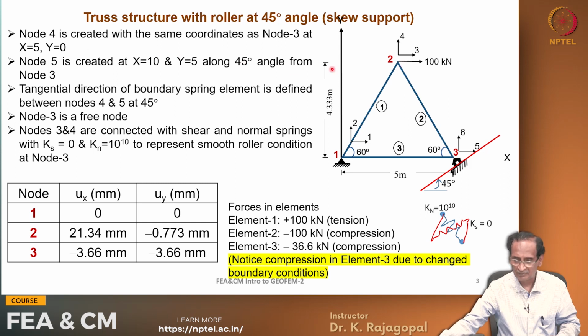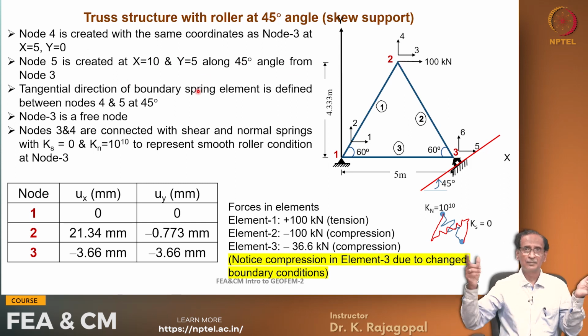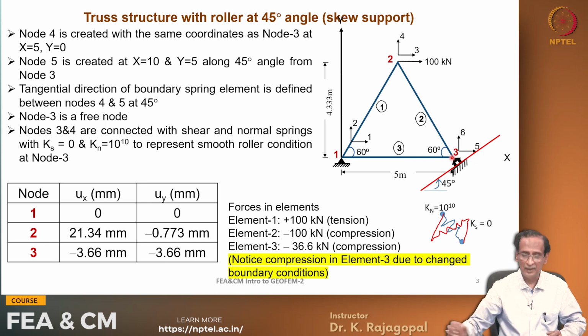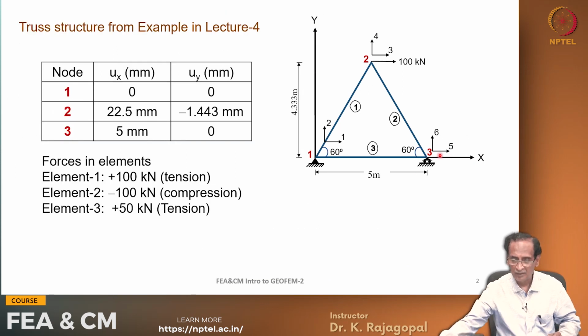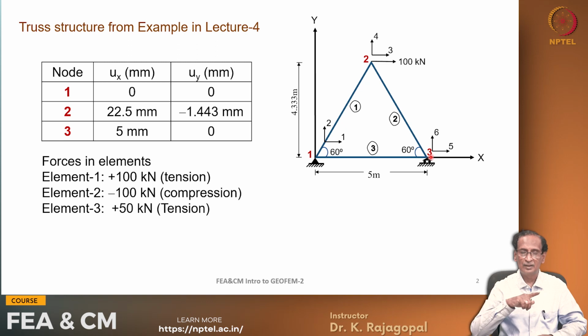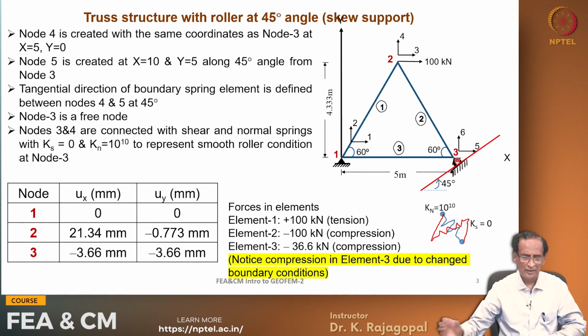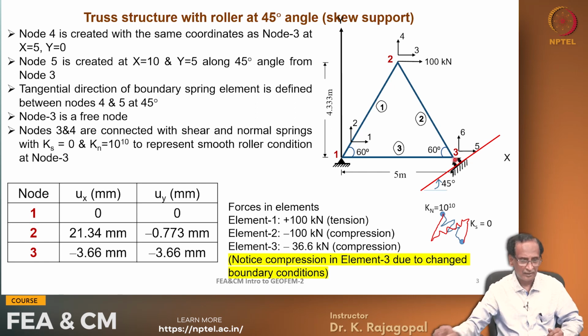additional nodes that are placed apart from each other, and now we make this node 3 a free node. Previously we had node 3 with the free x direction degree of freedom, but along y it was fixed. But now node 3 is completely free, and then we connect node 3 and node 4 with some shear and normal springs.